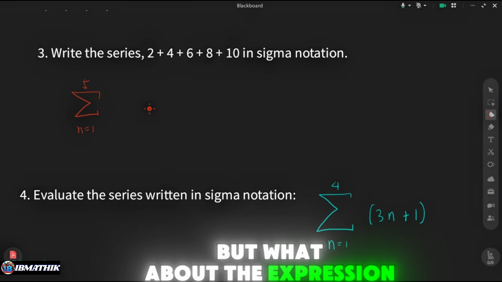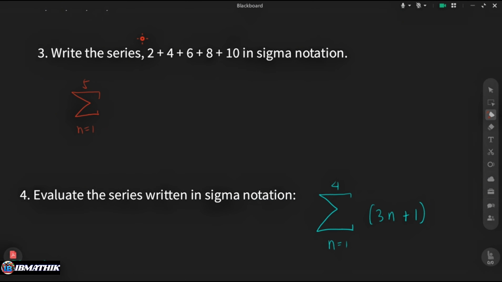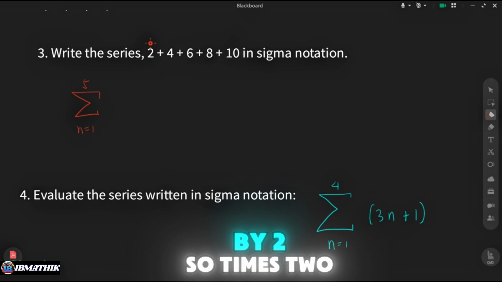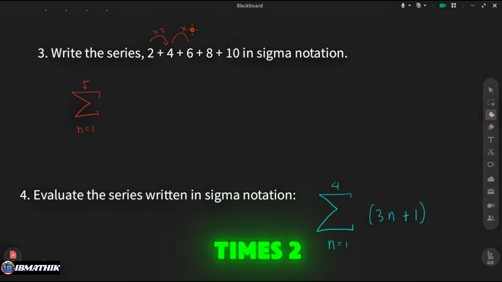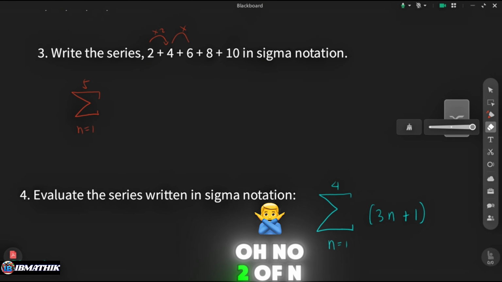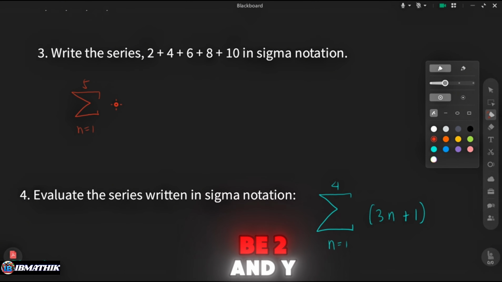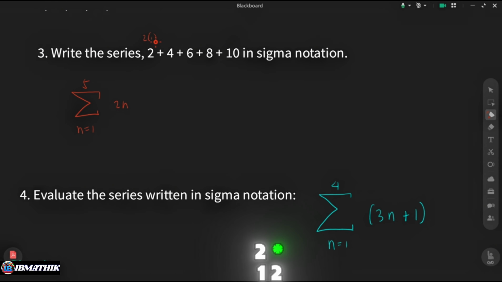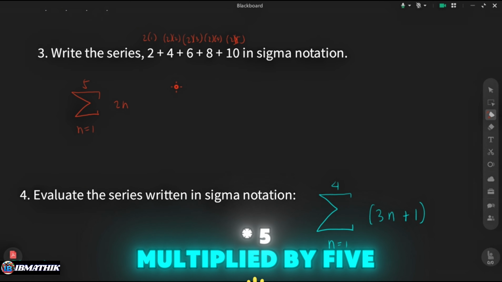But what about the expression? We can say that the pattern will be multiplied by 2, so the pattern will be 2n. Why? 2 times 1, 2 times 2, 2 times 3, 2 times 4, 2 times 5.